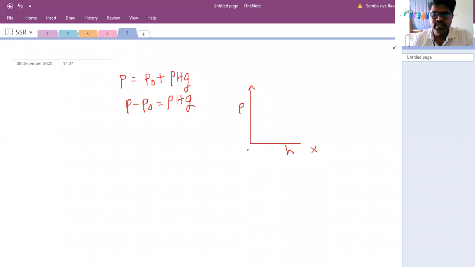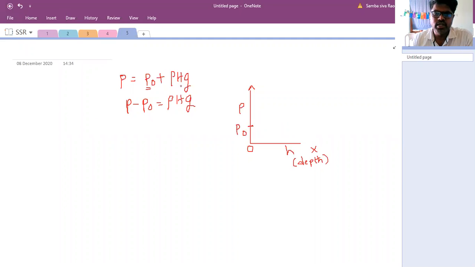So H is not height, depth you can take. At a depth equal to 0, that means the topmost point of the container, the initial pressure is P0. Then you can increase the depth value.